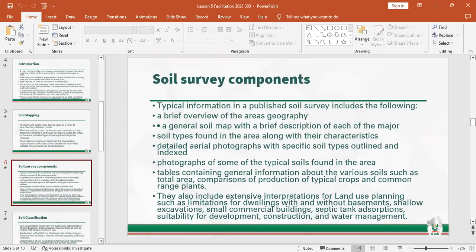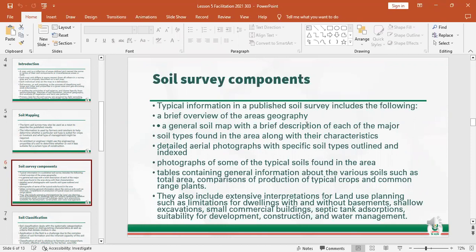You need to summarize the geography of the area, which talks about the mountains, the hills, the streams if there are any, the valleys, the vegetation in those areas, and all of that. You need to give an overview of this very vital information.